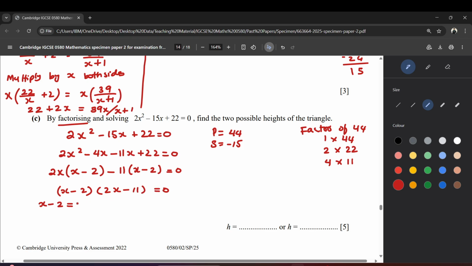So x minus 2 is equal to 0, or 2x minus 11 is equal to 0. So here x is equal to 2, and here 2x equals to 11. So x is equal to 11 upon 2, which is 5.5.